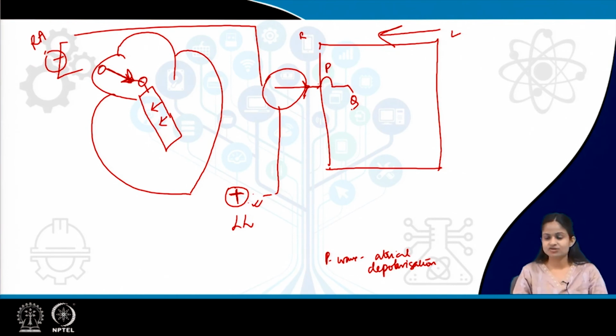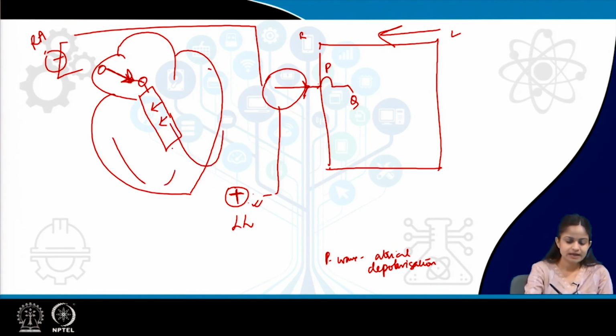Now, the next depolarization is the ventricular depolarization. As I told you, it occurs from the endocardium because of the Purkinje fibers. The Purkinje fibers run over here, and because of them the ventricular depolarization is like this.